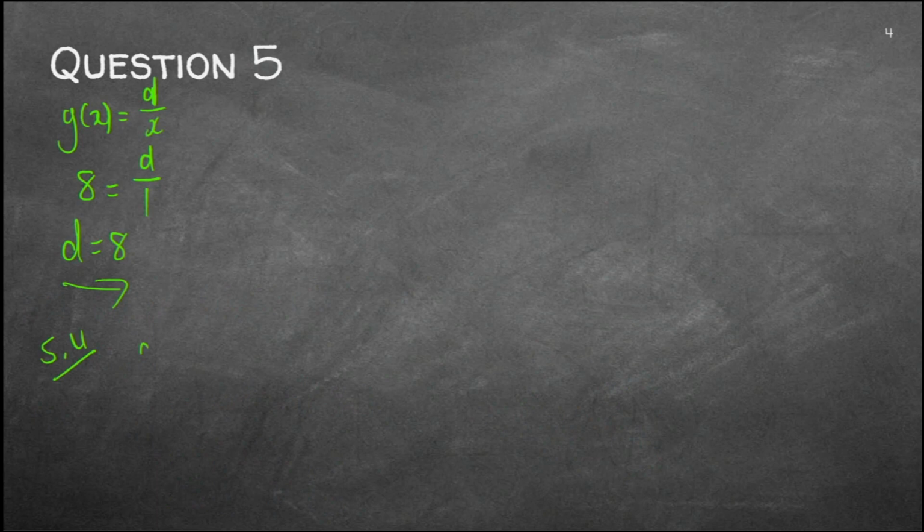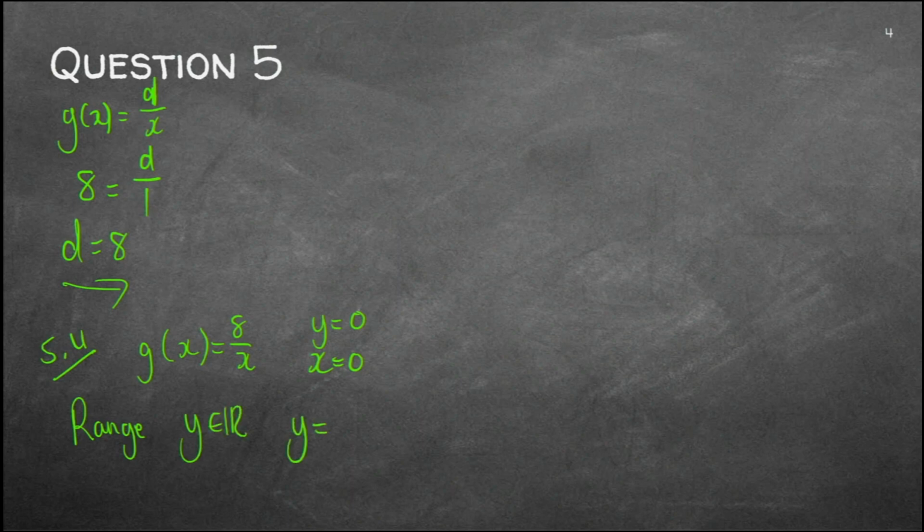So I know if the equation is g(x) is equal to 8 over x, I know I have two asymptotes. They would be at y equal to 0 and x equal to 0. What does that mean? There's a limitation on your domain and range. So just for a range, I will say y can be any value except y cannot be 0.